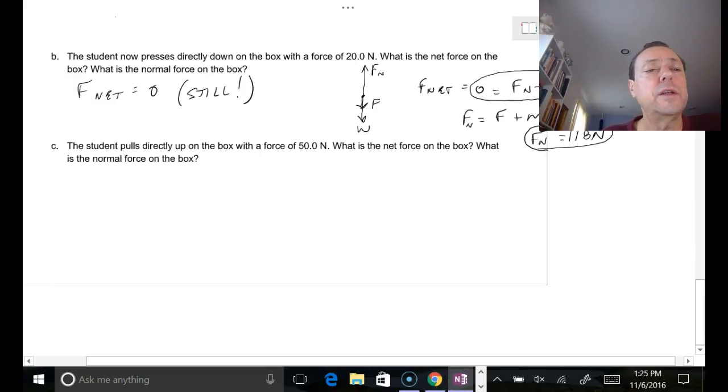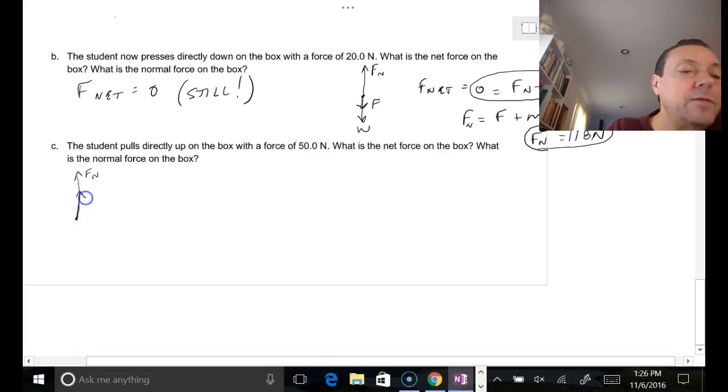And last but not least, the student pulls directly up on the box with a force of 50 newtons. What is the net force on the box? Okay, so let's see what changes here. Still an equilibrium problem. So I'm going to draw my free body diagram. So I have some normal force.